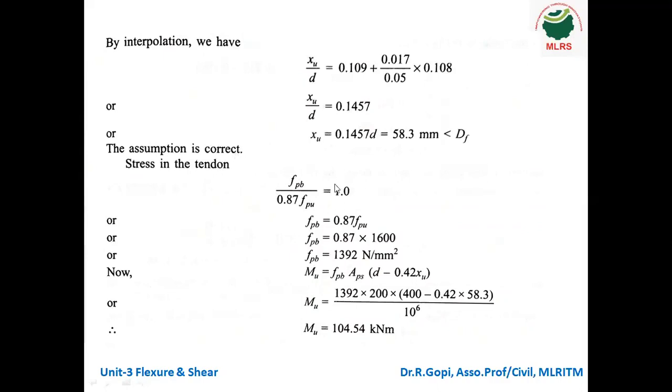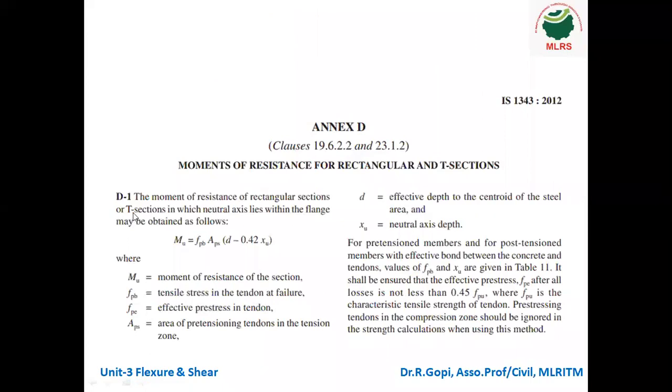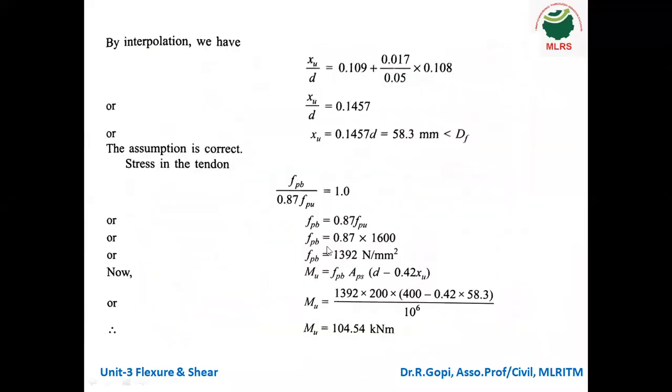So our assumption is correct. This formula is only applicable when the neutral axis lies within the flange. You can see in the code book, we already discussed it: for T sections in which the neutral axis lies within the flange, this formula is applicable. So next, FPB divided by 0.87 FPU equal to 1.